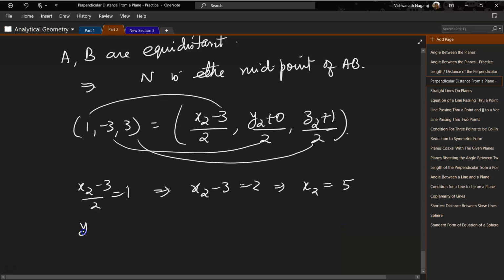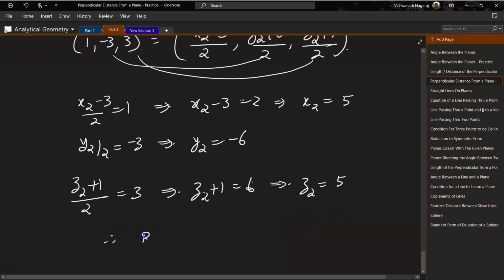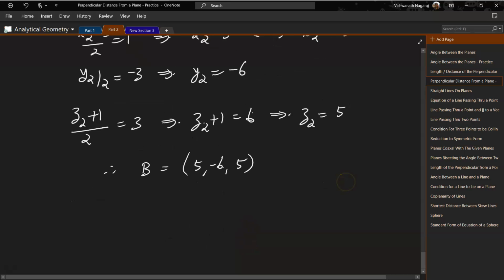Similarly, y2 by 2 is equal to minus 3, which implies y2 is equal to minus 6. (z2 plus 1) by 2 is equal to 3, which implies z2 plus 1 is equal to 6, which implies z2 is equal to 5. So therefore, the coordinates of B are 5, minus 6, 5. This was in the case of a specific problem.